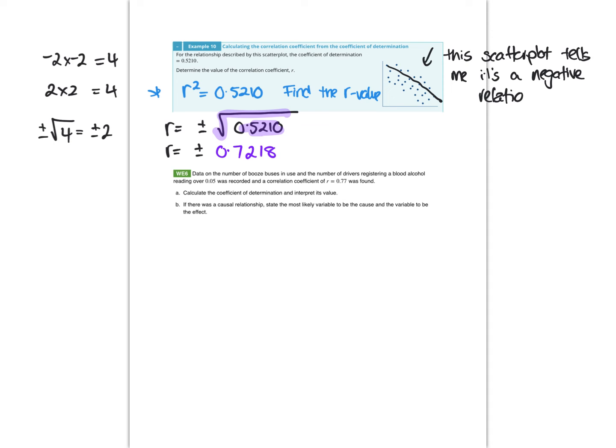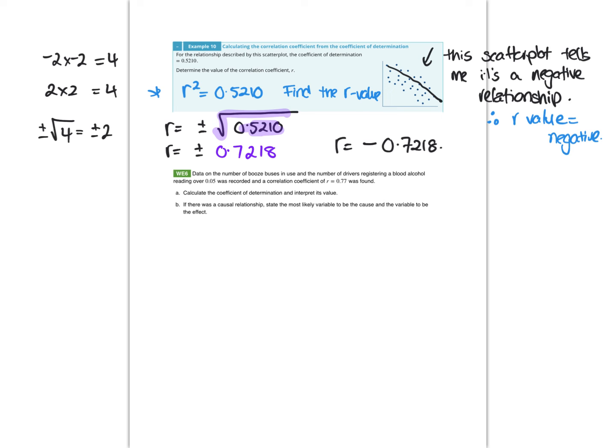So if you have a negative relationship, therefore the R value would be what? Positive or negative? Would equal a negative. So I can actually now write the final answer. I can say R is actually negative 0.7218. And I only knew that because I can see the scatter plot. If I didn't, I'd have to leave both those answers there. I don't know which one it is.